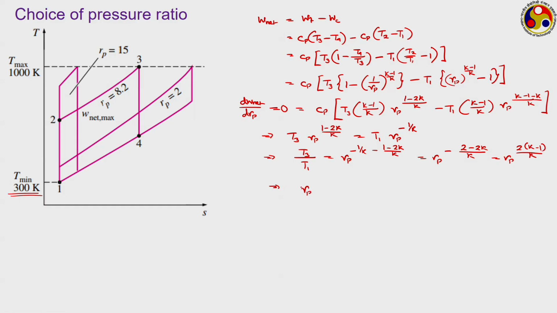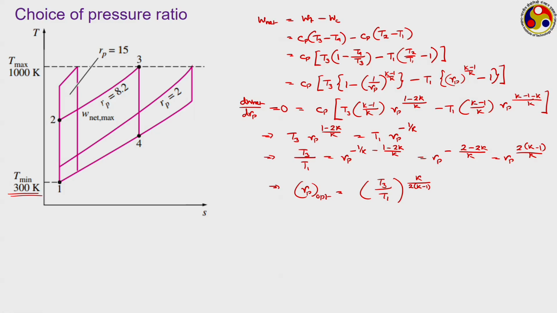So, the optimum value of Rp then becomes T3 by T1 to the power k by 2 into k minus 1. That is the optimum value of Rp for a given maximum and minimum temperature.